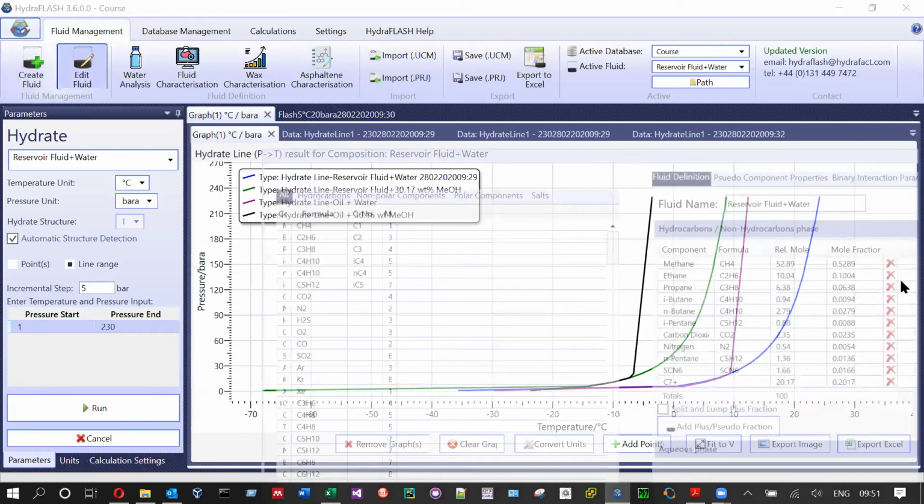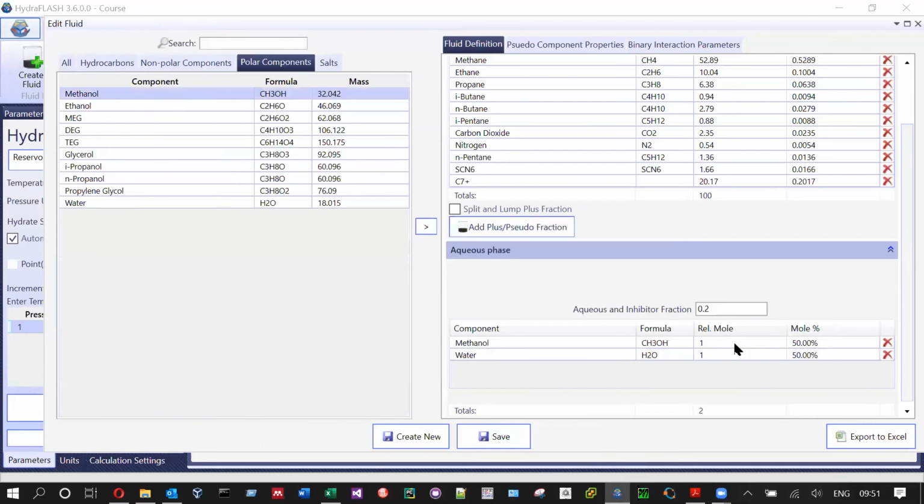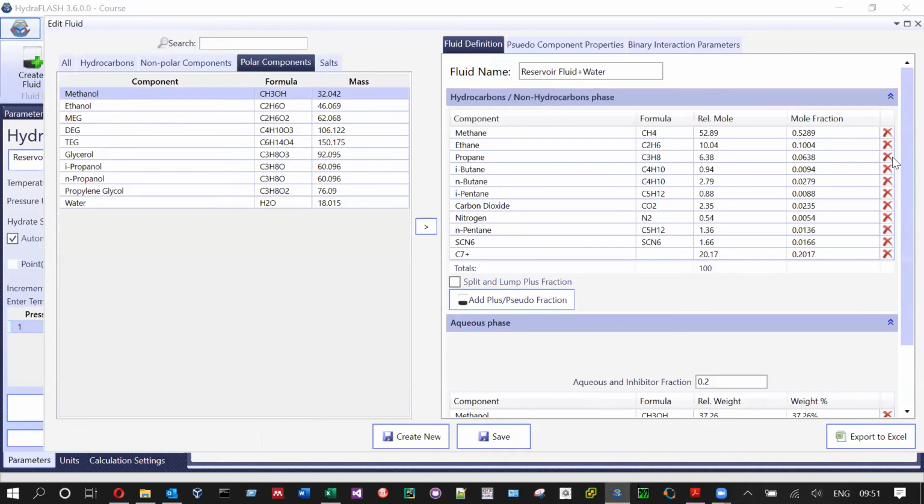So what I need to do is to add methanol. This time it is 37.26, which gives us, how much would it be? 2.74. Yeah, okay.